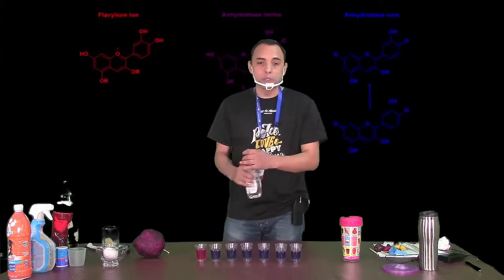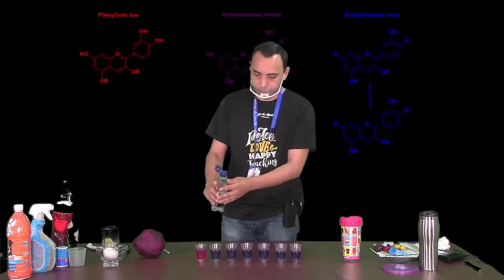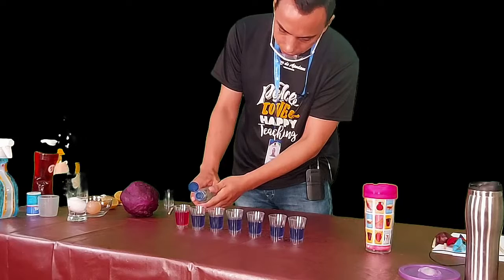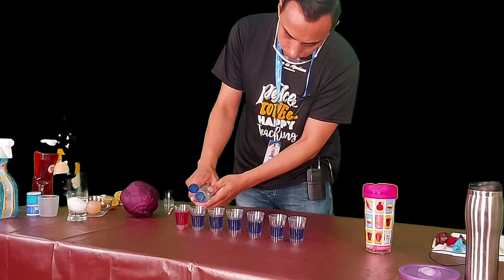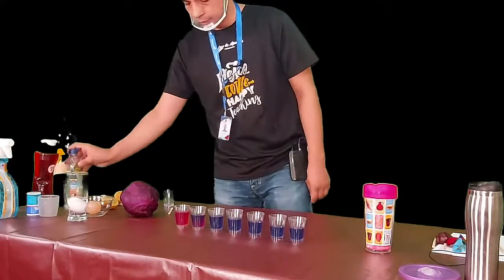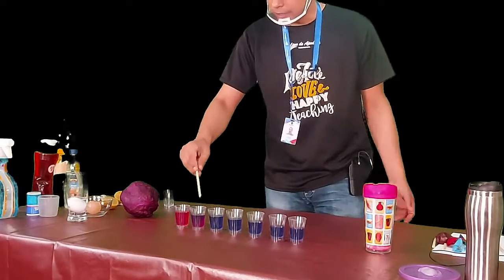So that is lemon juice. Was it an acid or an alkaline, guys? Do you remember? Now I'm going to pour some vinegar, little drops. Hopefully I don't pour it all. Oh, that was too much, I think. Anyway, so if it is red, is it an acid or is it a base, guys?